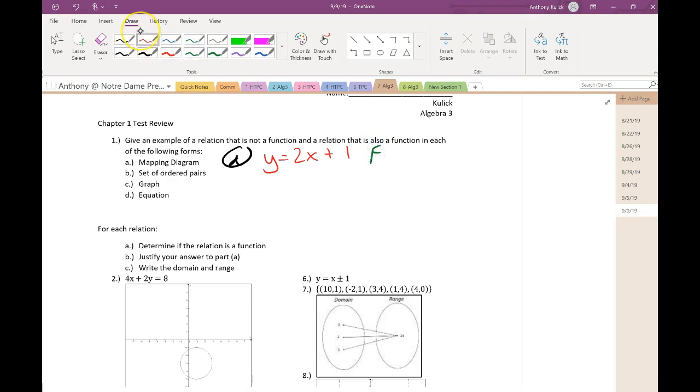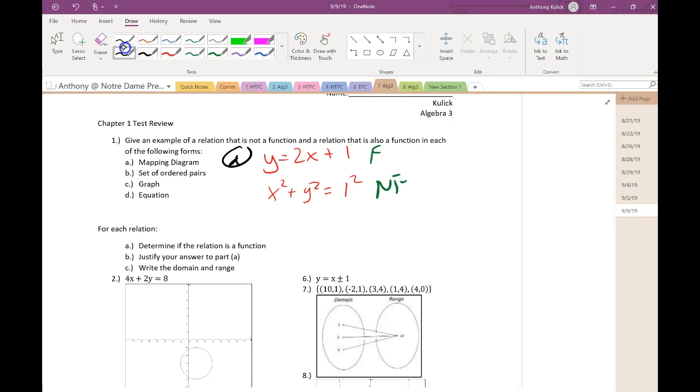Somebody remember an example of something that's not a function? Yes, sir. A circle. Great. So x squared plus y squared equals r squared. So maybe that'll do. Everybody okay with that?